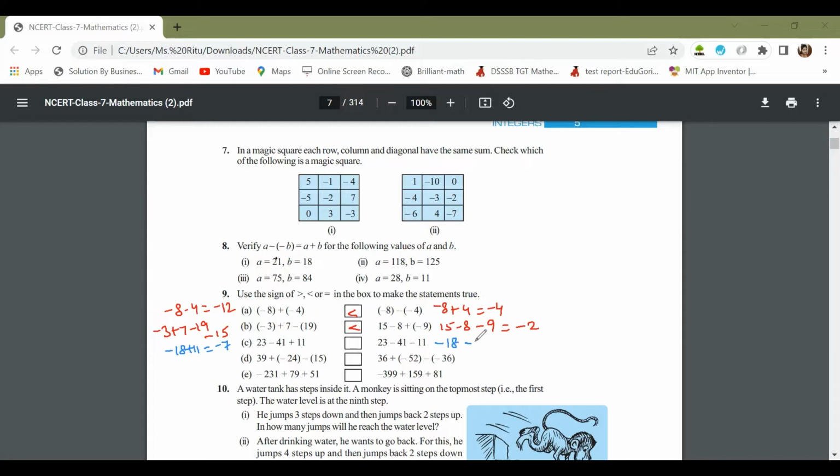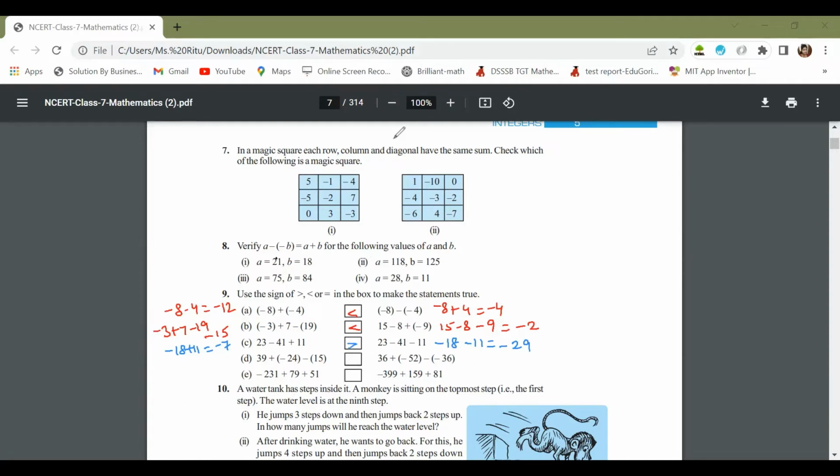Now instead of plus 11, it's minus 11. So here we will add because two same signs are there. So this would be 29, because 18 plus 11 is 29, and the 18 is negative, so that's why it's a negative answer. So minus 7 or minus 29, which is greater? Minus 7 is greater. We'll put the symbol like this.